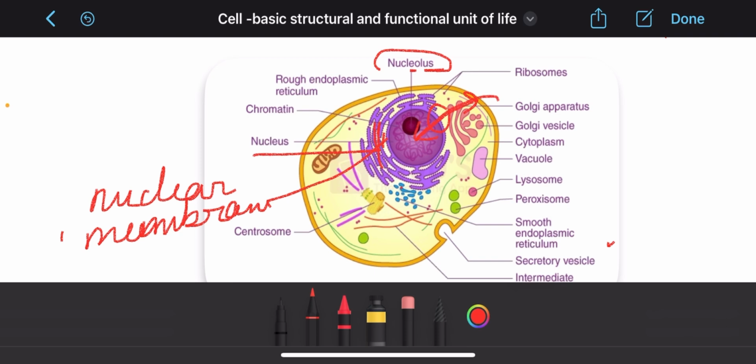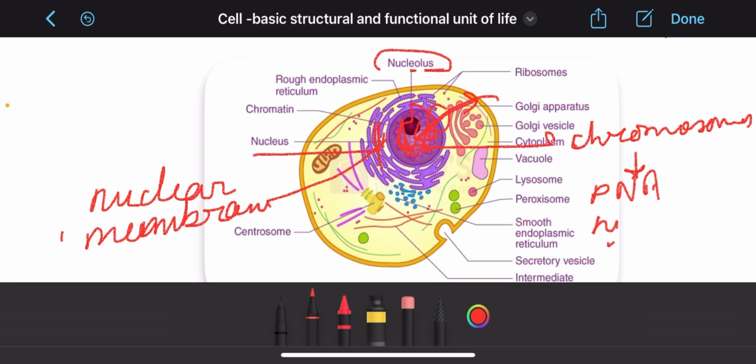It contains a network of thread-like structures known as chromatin, which later condenses and forms chromosomes. These chromosomes contain DNA and histones.